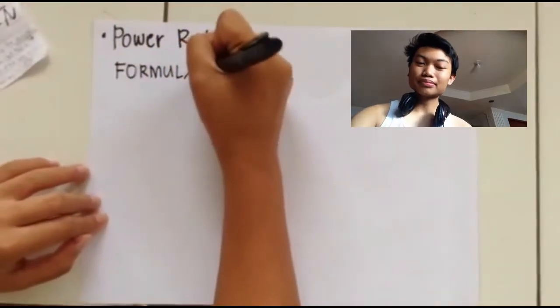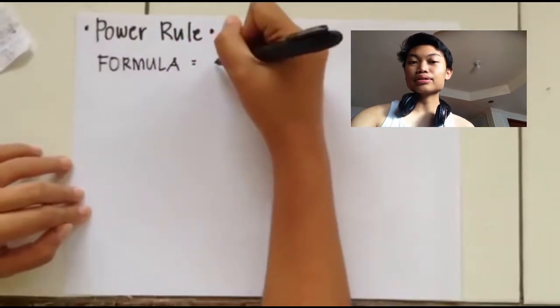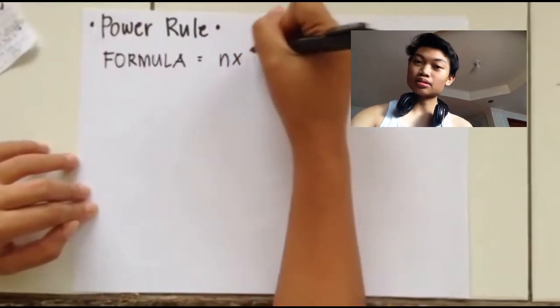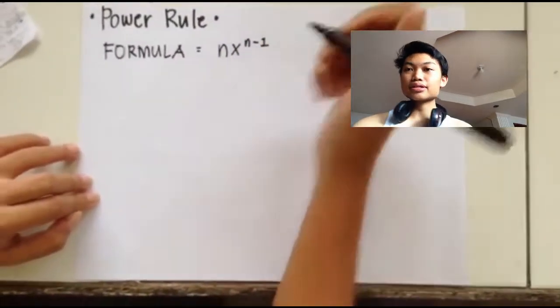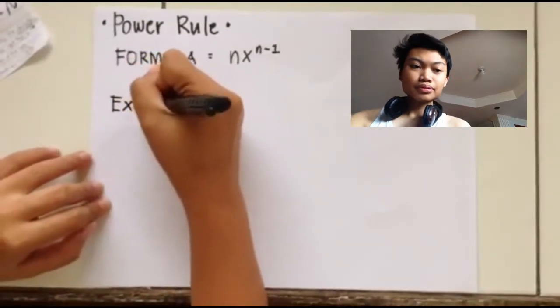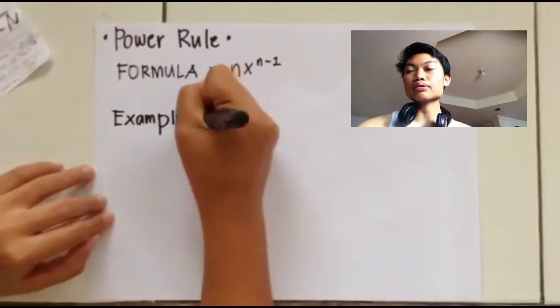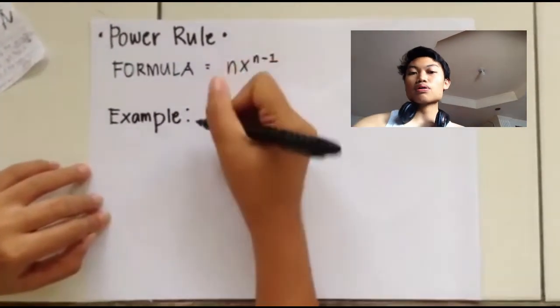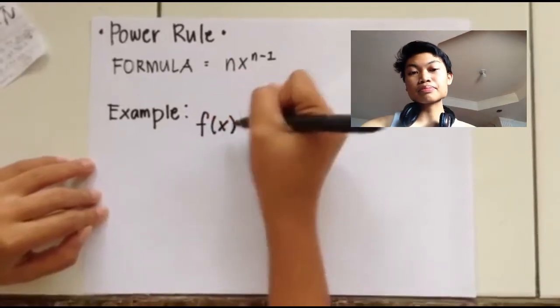Power rule. Anytime you have a power of x, you can use the power rule. The formula for this rule is n x raised to the n minus 1. For example, f of x equals x to the 4th. It is just pretty simple.